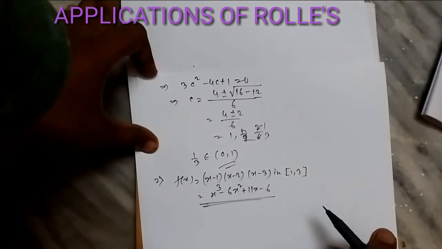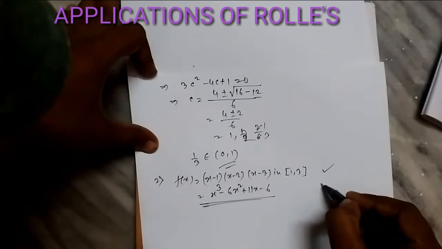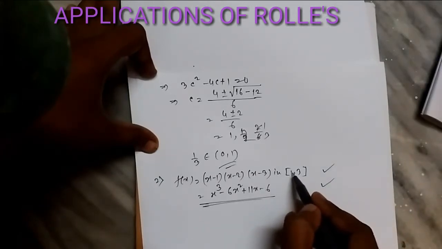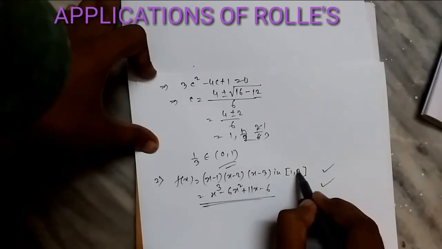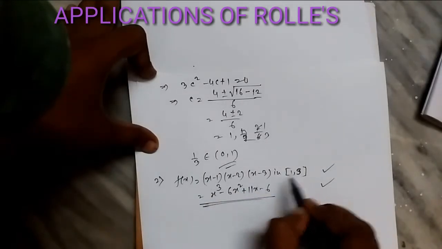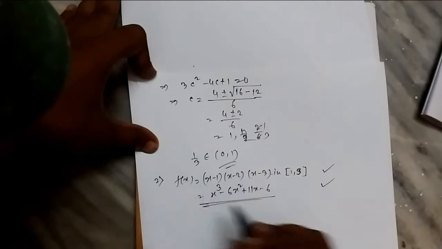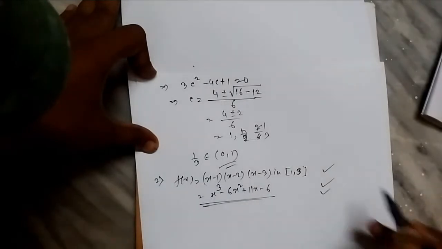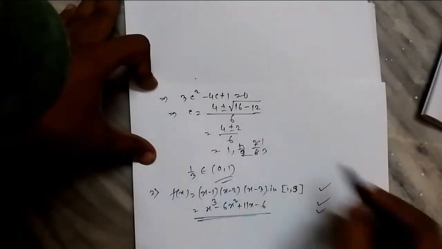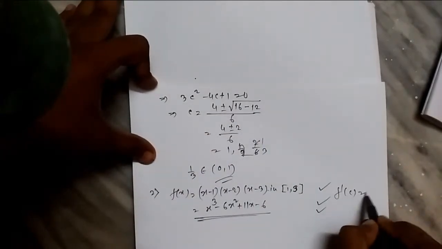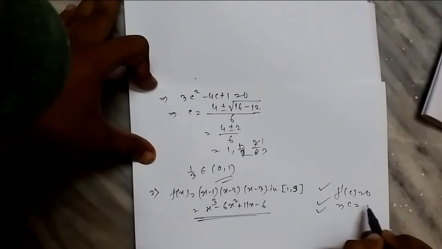Again this is a polynomial function, so it is continuous and derivable. If we put x equal to 1, this is 0, and if we put x equal to 3, this term is 0, so f of 3 is 0. So the third condition is also satisfied. In a similar way we can find f dash c equal to 0, and here we find c belongs to the interval.